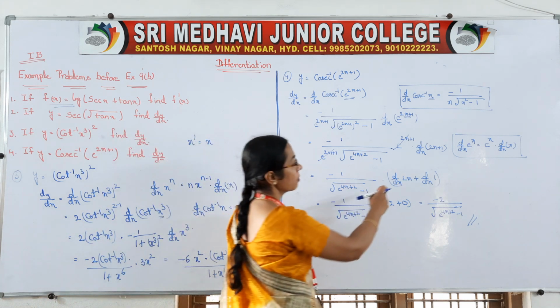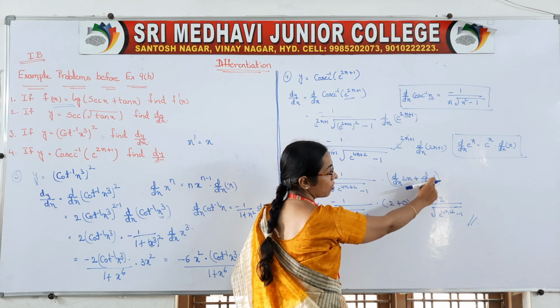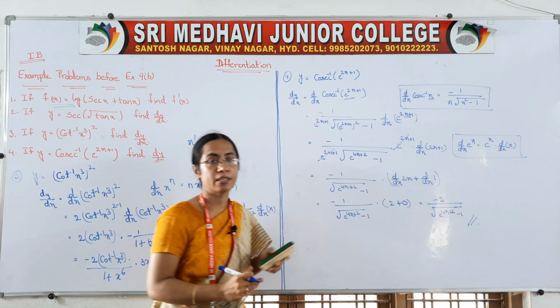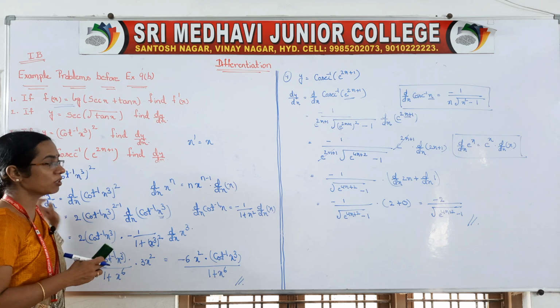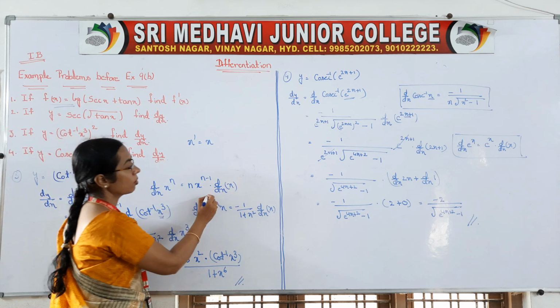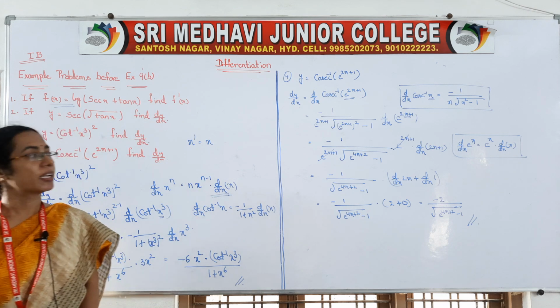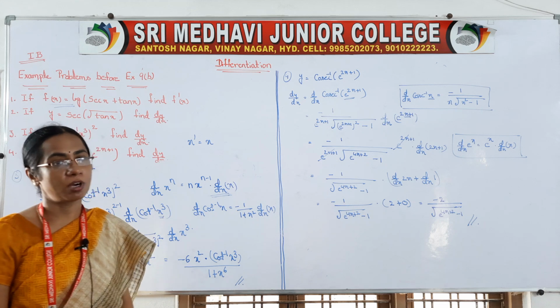So 2 into d by dx of x is 1, 2 into 1 is 2, and derivative of all the numbers are zeros. So this is your answer. Okay, so simple problems. So that means one thing you should remember, for all the problems d by dx of that variable will be there, right? If we apply that formula, you can get all the problems.